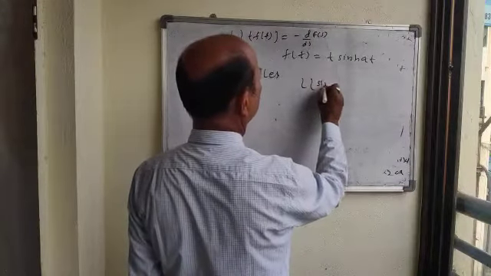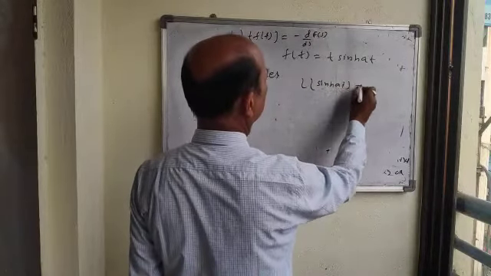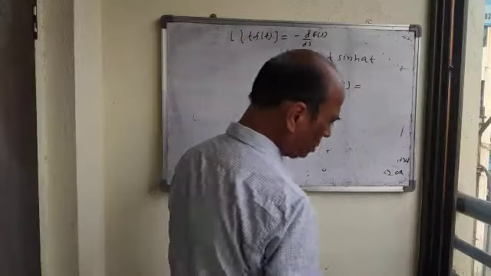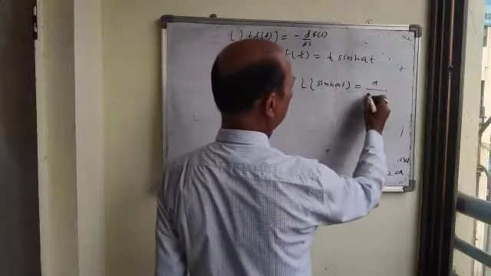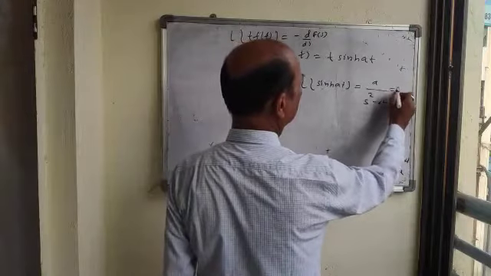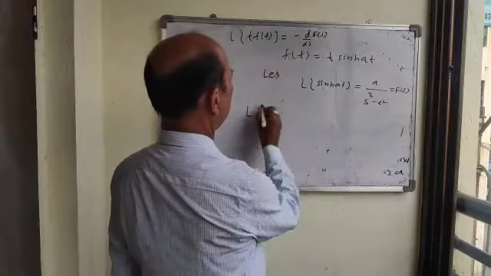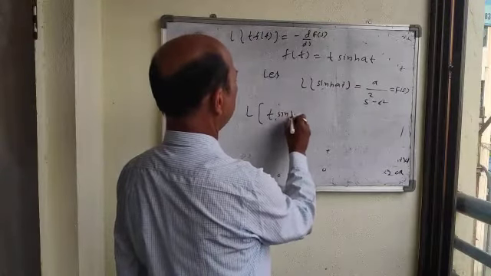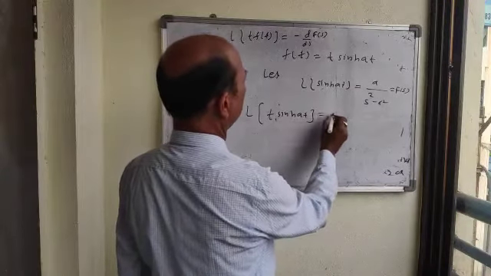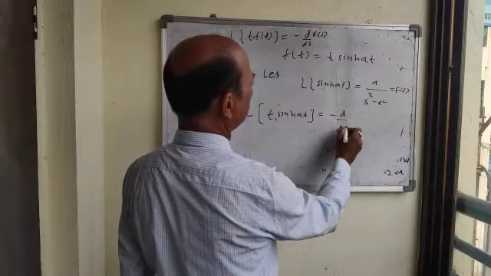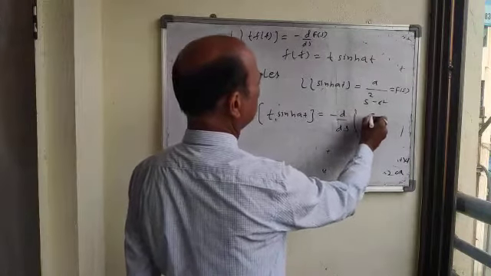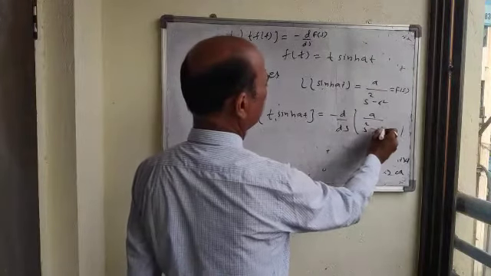L of sinh a t is a upon s square minus a square, and this is our F of s. So by using this formula, L of t sinh a t is equal to minus d/ds of this F of s, that is a upon s square minus a square.